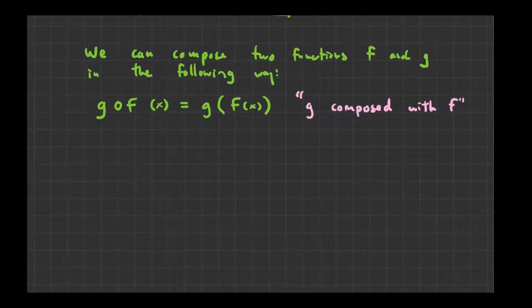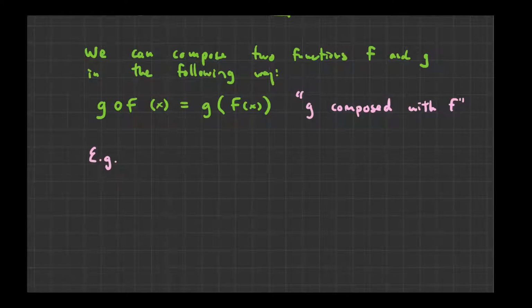It's because the first function that we really think about is the one on the inside. Our order of operations tells us to worry about what's inside the brackets first, and what's inside the brackets is f of x. So we think of our function f as the first function that we worry about, and then we're plugging that function into the function g.